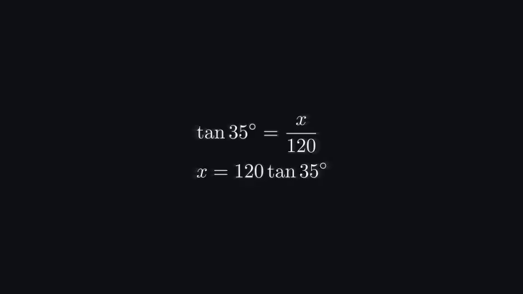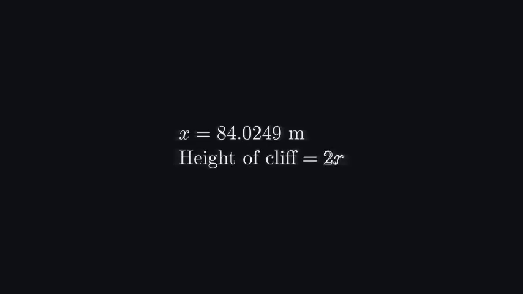X equals 120 tan of 35 degrees. X equals 84.0249 meters. Height of cliff equals 2x.